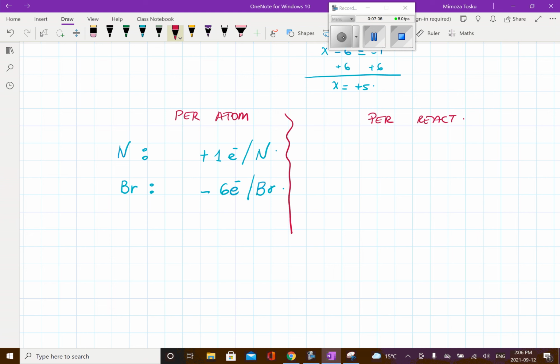For nitrogen being in N2O4, we will have 2 electrons per that reactant. And since bromine is the same, we'll have 6 electrons per bromine. Okay, so now the fifth step is to find the lowest common multiple.